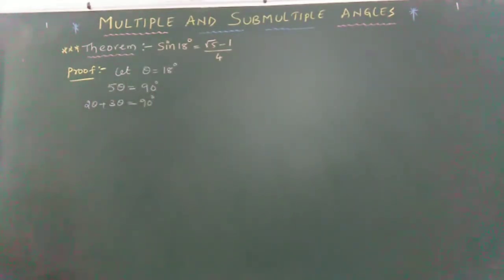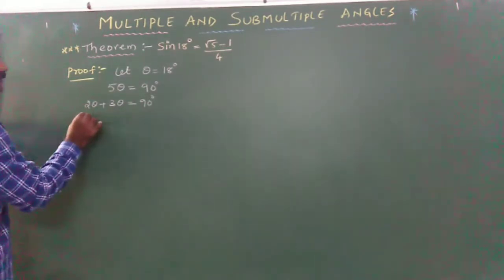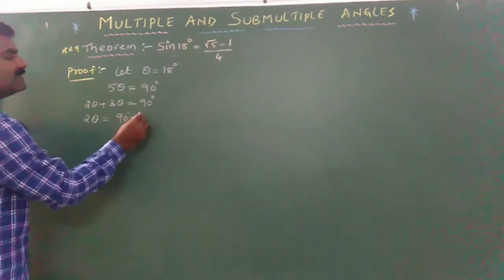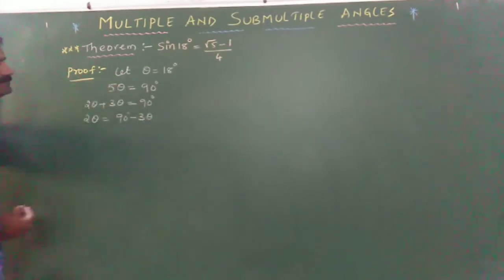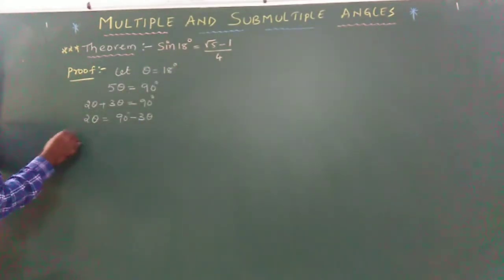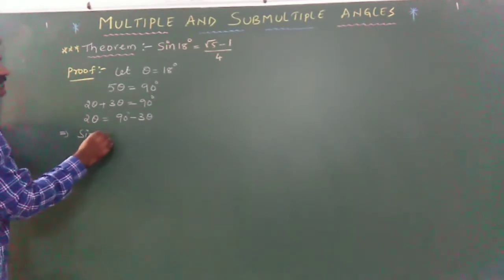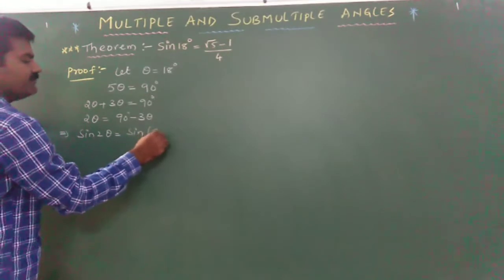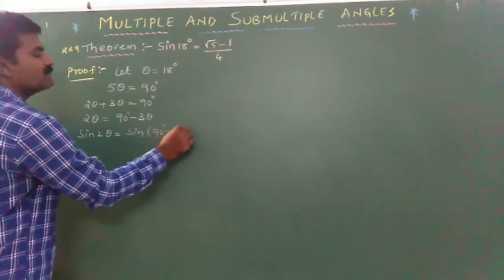From this, 2 theta is equal to 90 degrees minus 3 theta. Since the question is about sine, apply the sine ratio on both sides. Then sine 2 theta is equal to sine of 90 degrees minus 3 theta.